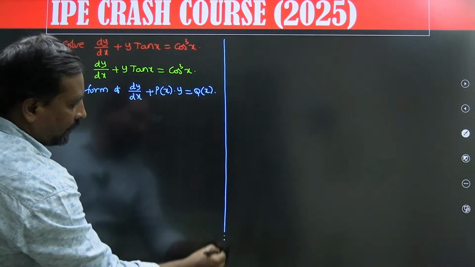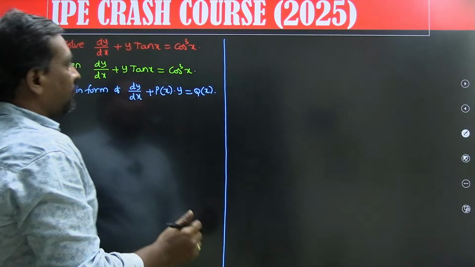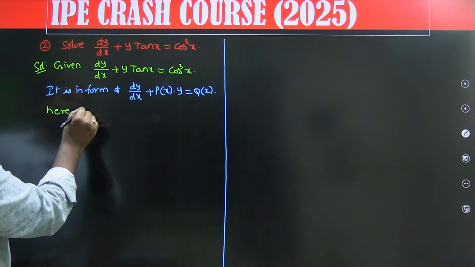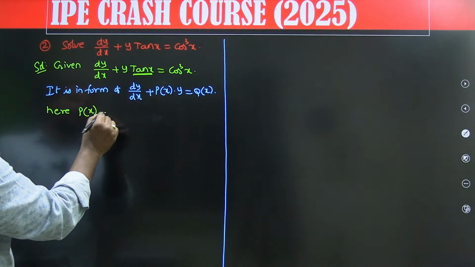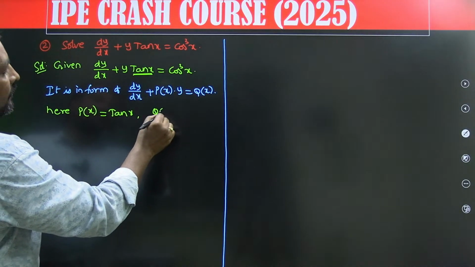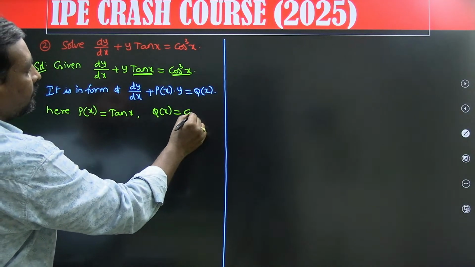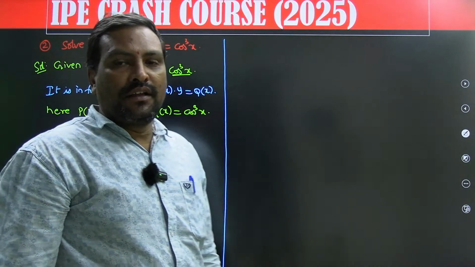So here, what is the p of x value? Here p of x is tan x, and q of x is cos cube x.